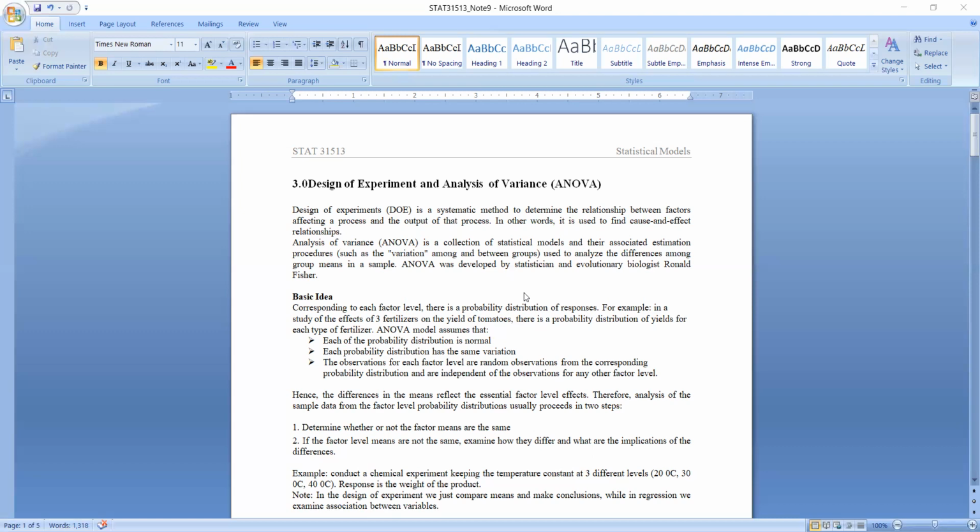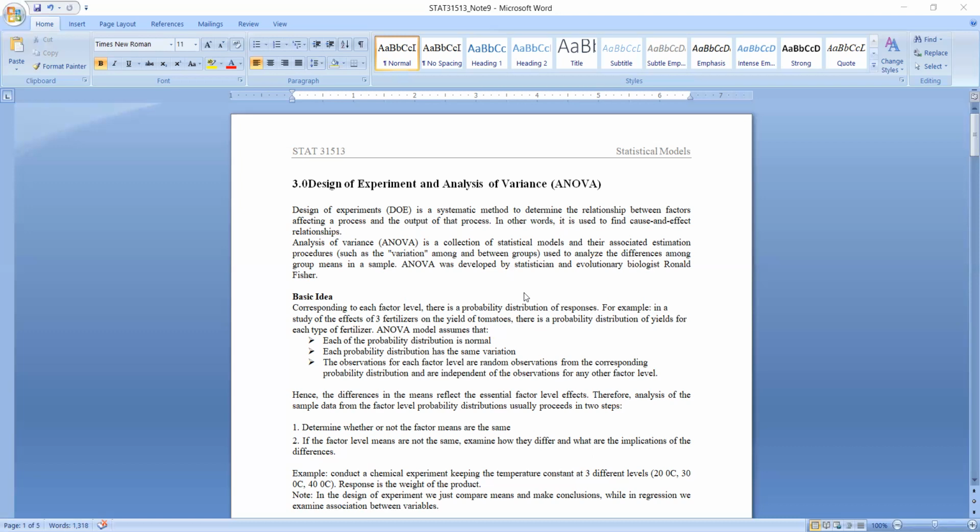For example, if we are going to study 3 fertilizers which are affecting the yield of, let's say, tomatoes, fertilizer 1, fertilizer 2, and fertilizer 3 all have the same probability distribution. We believe that each probability distribution is normally distributed with a constant variance, and the variance is the same. Also, the observations for particular factor levels are believed to be independent.